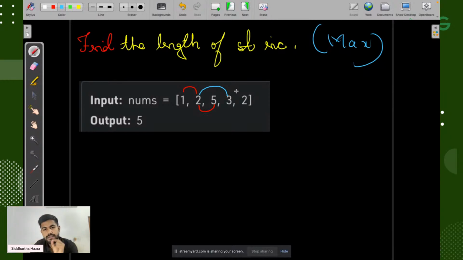To solve this, if we see this example, we can see that this point has originated two different answers. This is contributing to the answer, and this is also contributing to the answer. So we can do something like this.